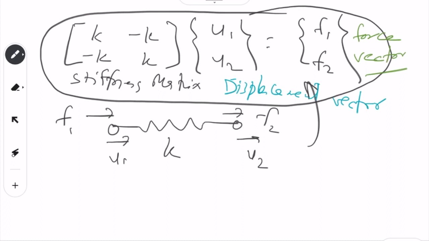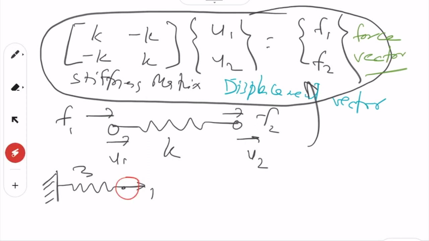Let us say the spring is attached like this, the spring has stiffness 3, the force is 1, and we have to find the displacement at the right end.